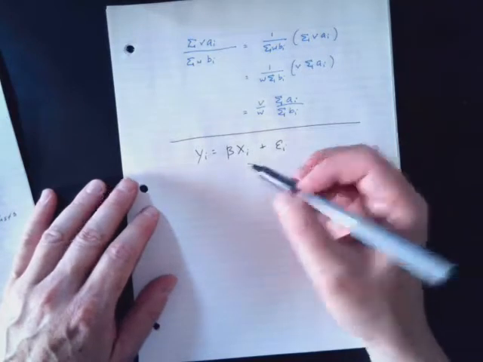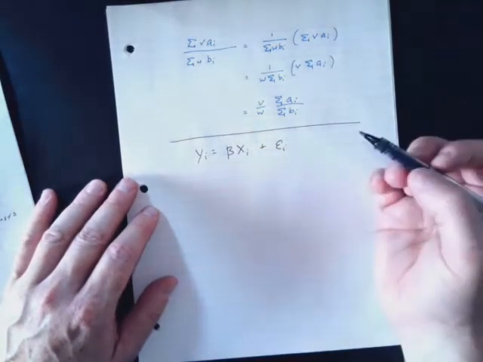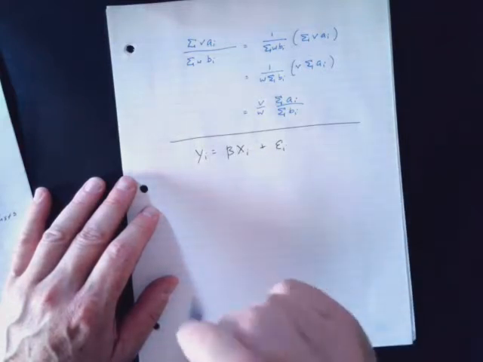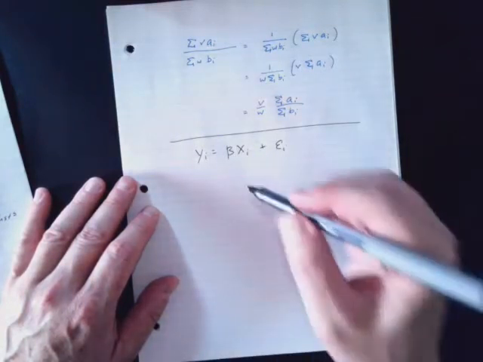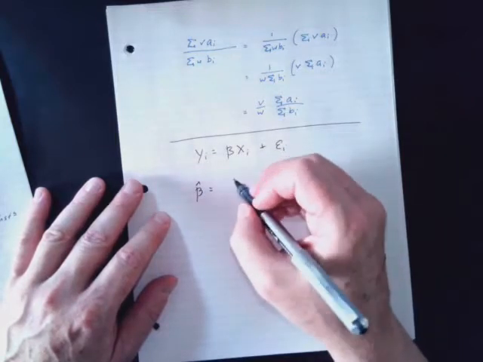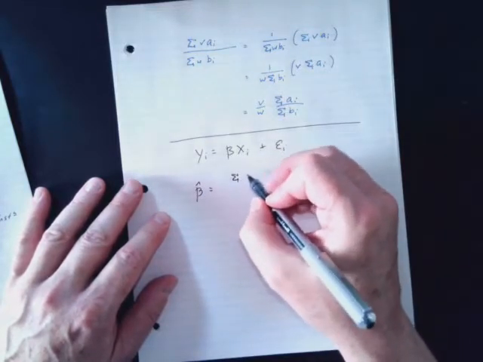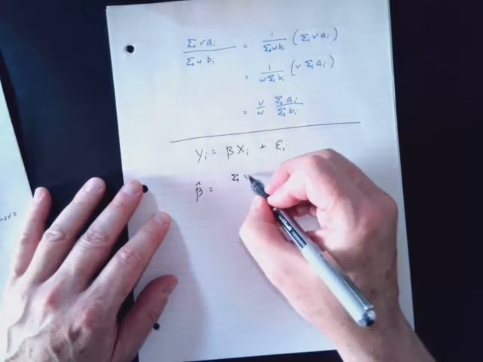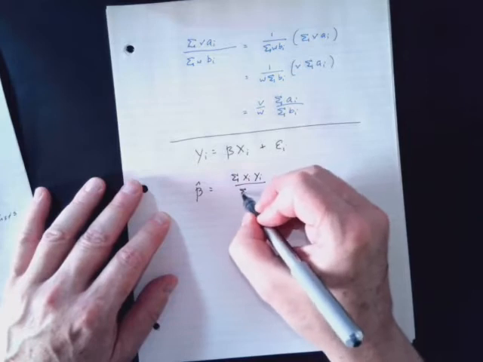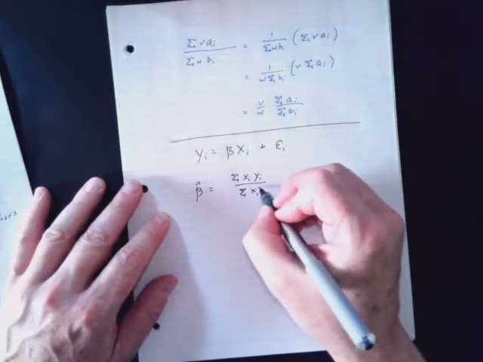And if you do that, well, it's a calculus problem. So we've seen before what the calculus problem is. But we didn't look at what the solution is. Well, it turns out it's a formula. We get beta hat equals the sum of xi yi over the sum of xi squared.